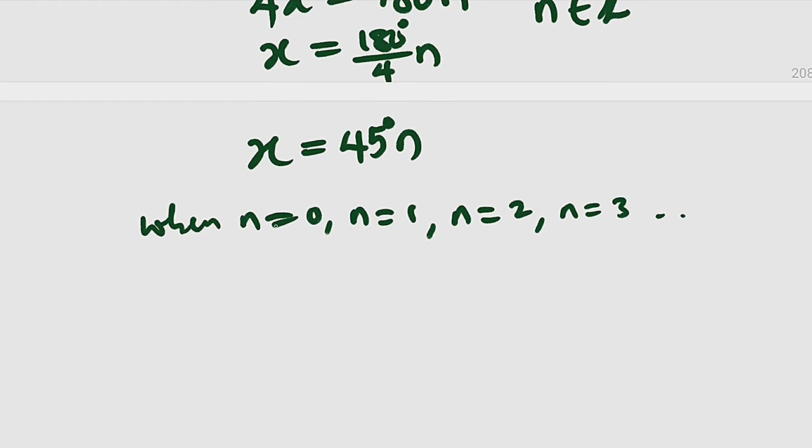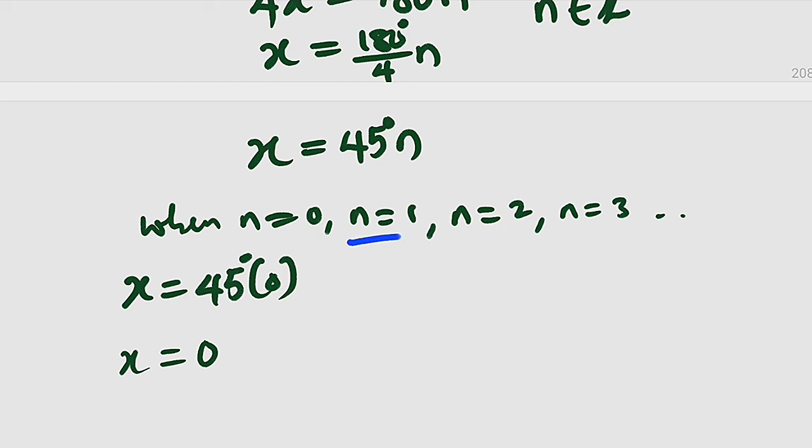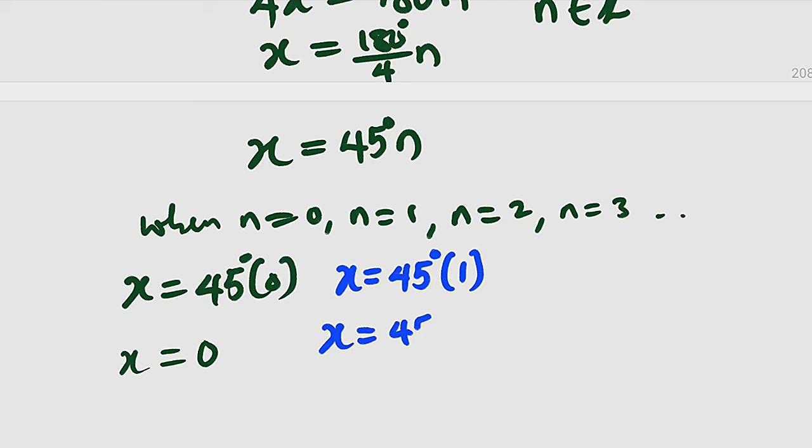All right. If n is equal to 0, we have x equal to 45 degrees times 0, which means that x is equal to 0. So x can be equal to 0. Then when n is equal to 1, we have x equal to 45 degrees times 1, and hence x is equal to 45.